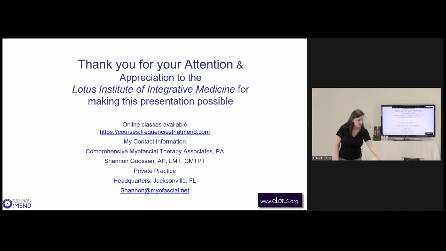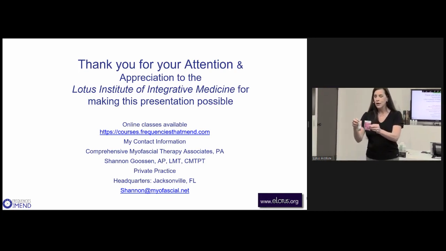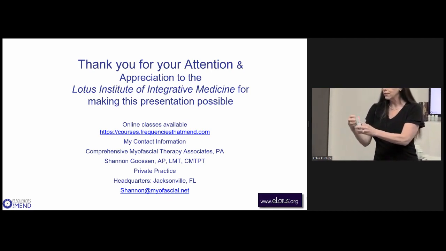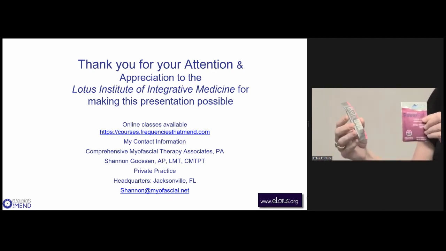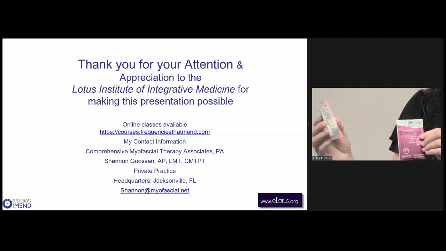And the very, very last thing I'm going to do is come closer to the camera here. Remember, people were asking, okay, what minerals do you put in? What do you use, Shannon? These are my two favorite right here. So this is Elemental, LMNT.